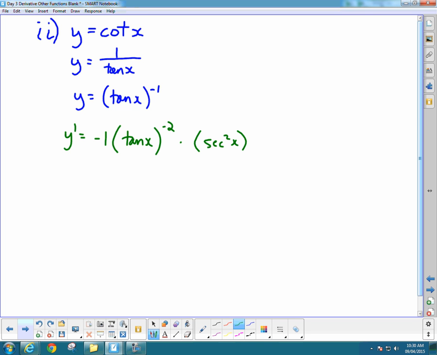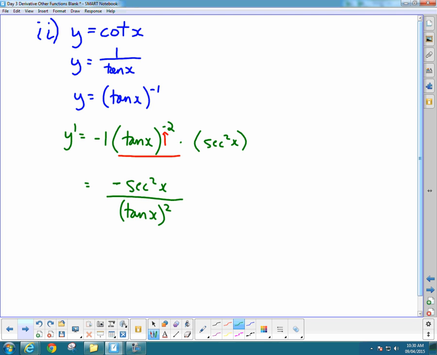So now I'm just going to tidy this up. The negative 1 is on the top, so is the secant squared. But this tan x to the negative 2, the negative 2 in the exponent tells me to put it on the bottom. So I'm going to have this fraction where I have a negative 1 at the top. The secant squared is on the top, but on the bottom is tan x squared.